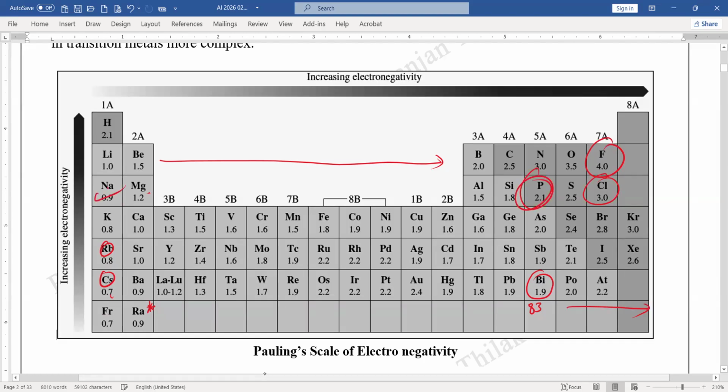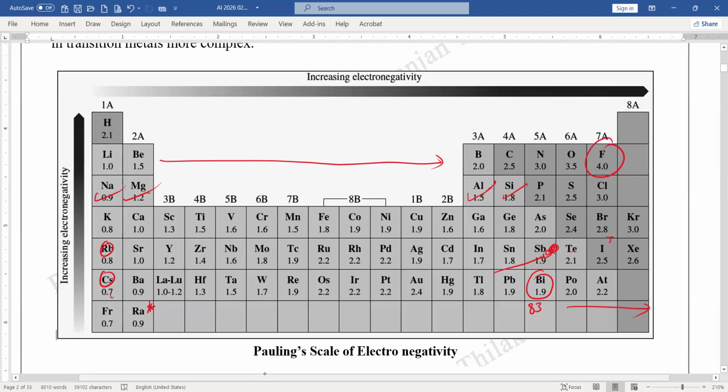Sodium 0.9, magnesium 1.2, aluminium 1.5, silicon 1.8, phosphorus 2.1.